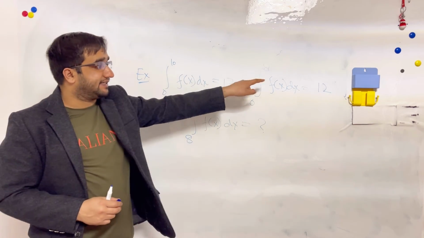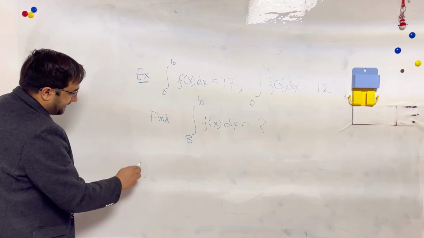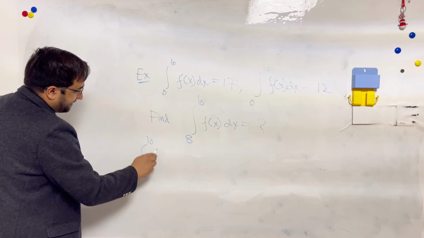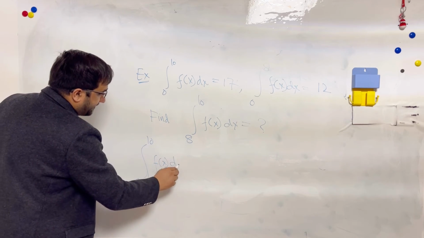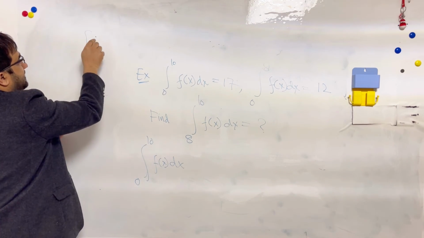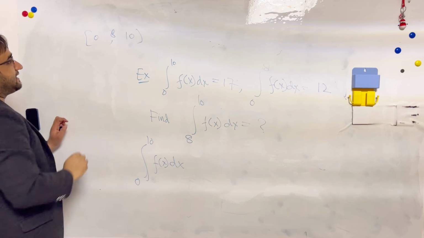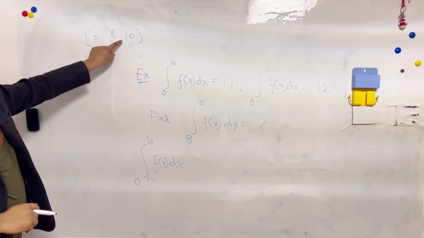You don't have that data, but you know the rule. Our rule was that the integral from 0 to 10 of f of x dx, if the mid number is 8. So what is your total interval? You can see the total interval is 0 to 10, and somewhere in the middle there is 8. So there are 3 points.